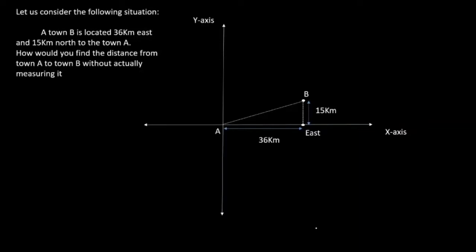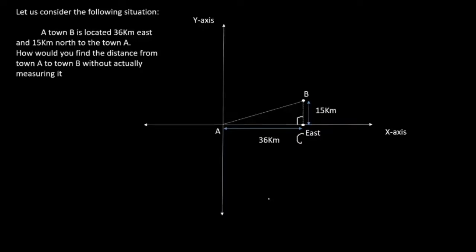If we observe this diagram, it is clear that we get a triangle which is a right angle triangle. This east point, if we consider it point C, then it is a right angle triangle at C. And we know that if we want to find the hypotenuse and we know the remaining two sides of the triangle, then using the Pythagoras theorem we can find the length of AB.